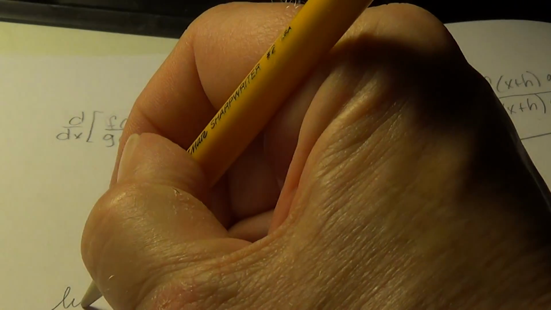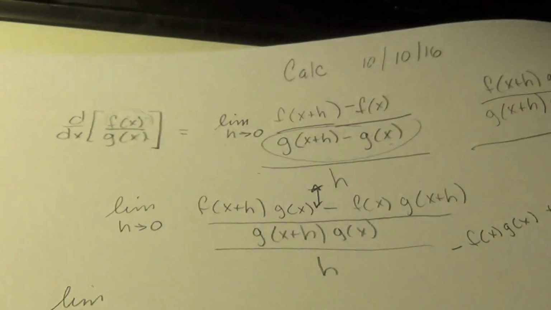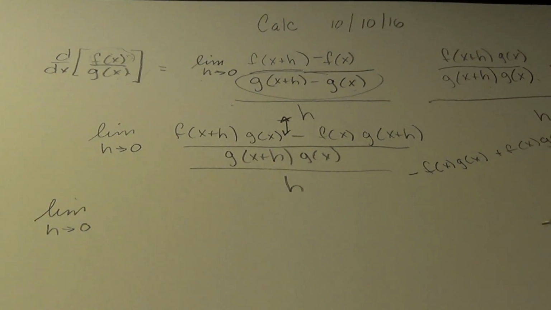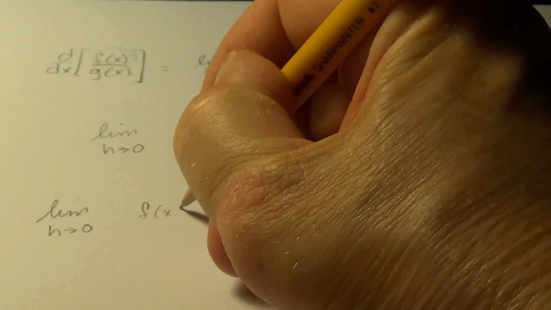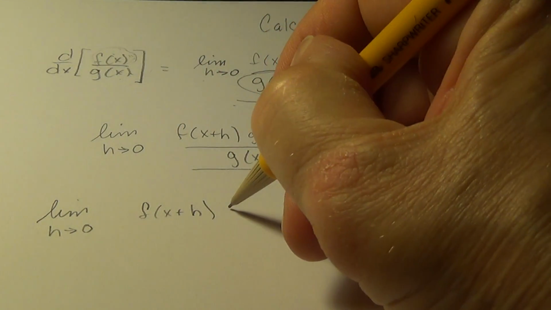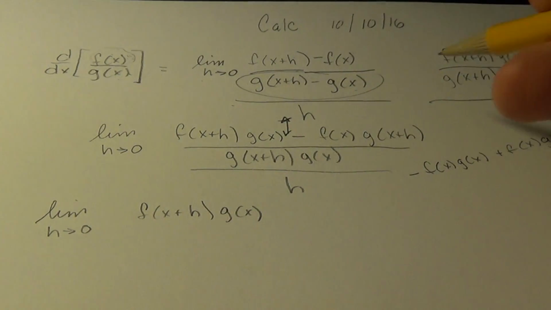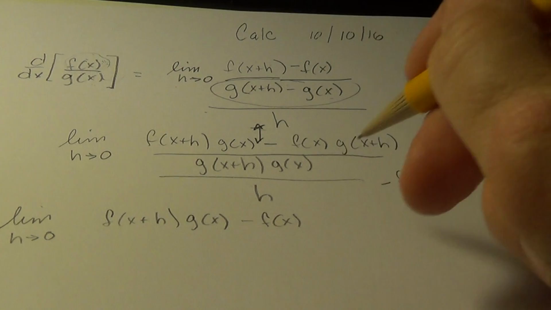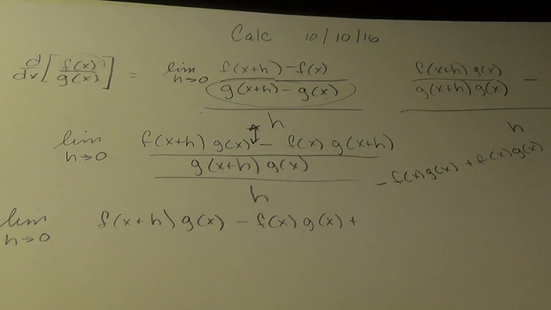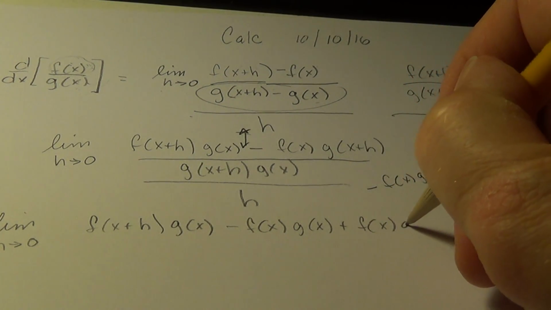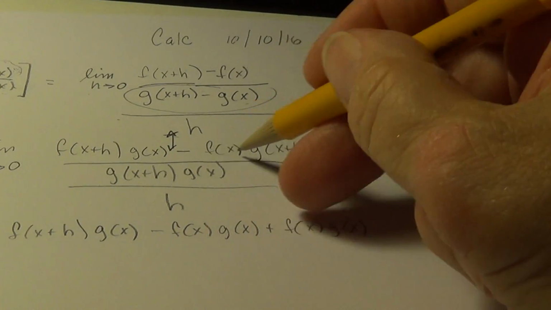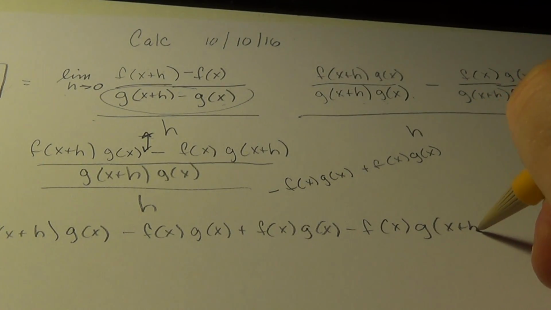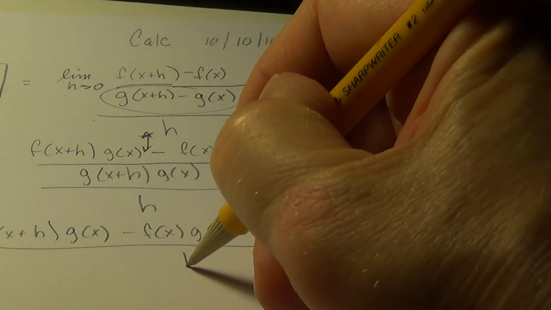So rewriting the limit as h approaches 0 of f of x plus h times g of x. Now I hit the star, so I'm going to put in my secret weapon, minus f of x g of x plus f of x g of x, and finish out just the way it was above, all over h.